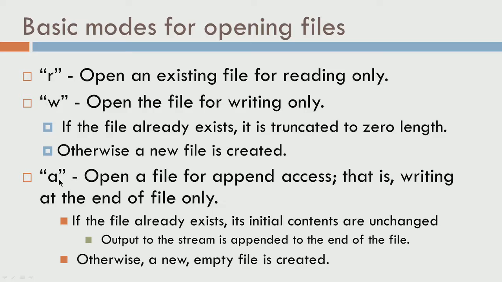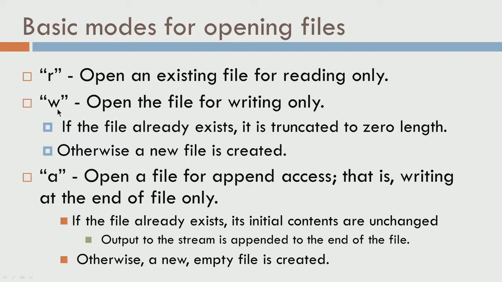Let us look at the distinction among these 3 modes. r means it will try and open an existing file. So, what if I try to open a file that does not even exist? We need to be able to capture this. Let us say I am going to open a file, but there is no file by that name. If that happens, we need a mechanism which says there is no file by that name. So, that is an issue that we have to deal with for r.